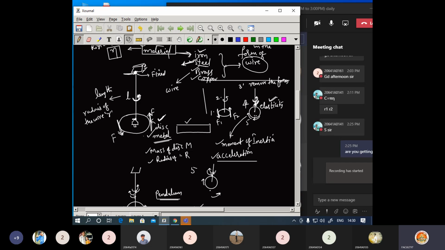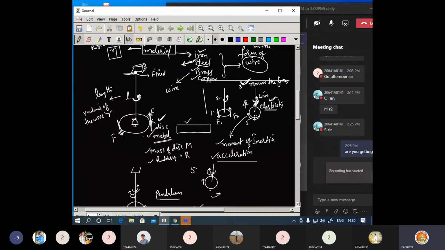The wire gets twisted, and thereafter you remove the forces. After removal of the forces, the twisted wire, due to the concept of elasticity, will try to come back to the equilibrium position, the original position.